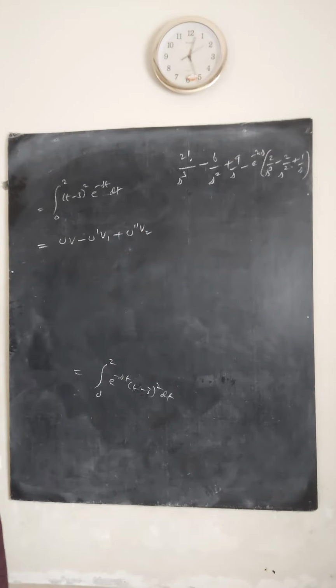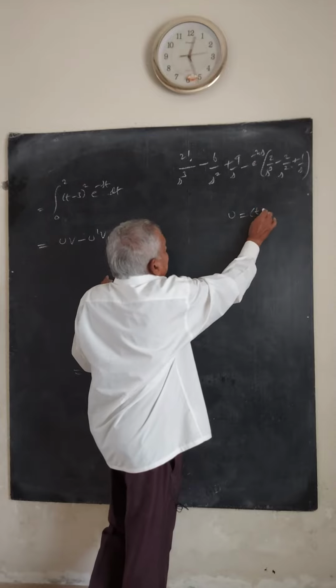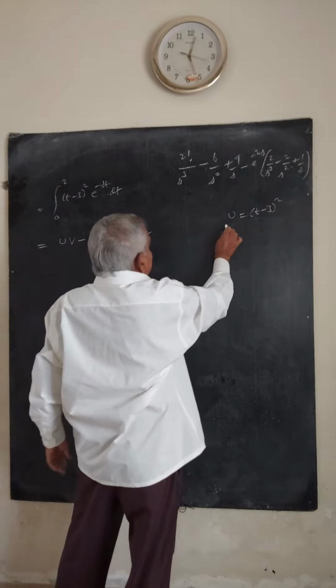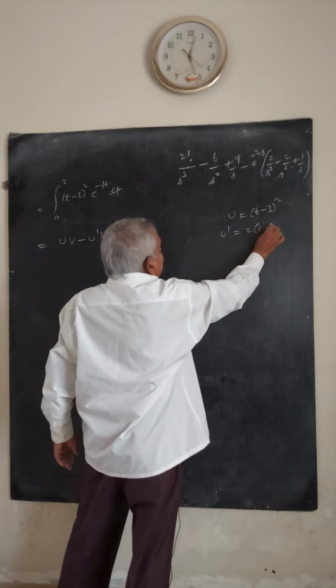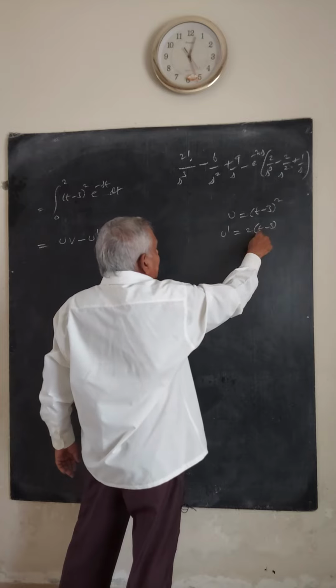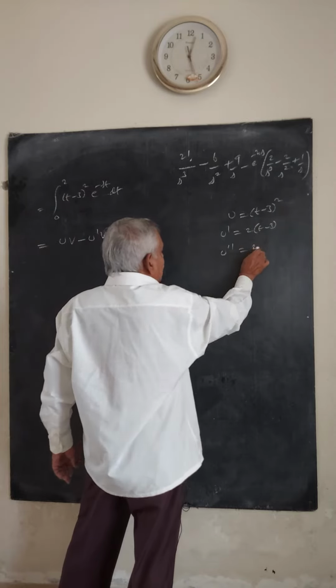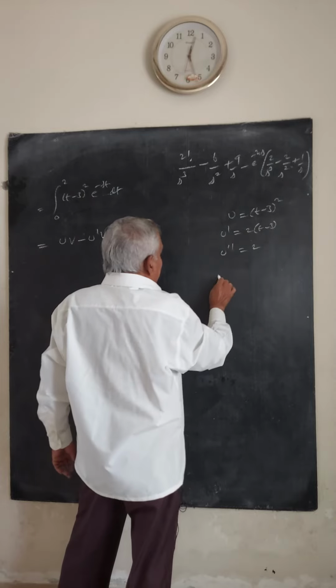U is directly taken as (t minus 3) whole square. U dash is 2 times (t minus 3), by the chain rule with respect to t is 1. U double dash, differentiating 2t again, is 2.